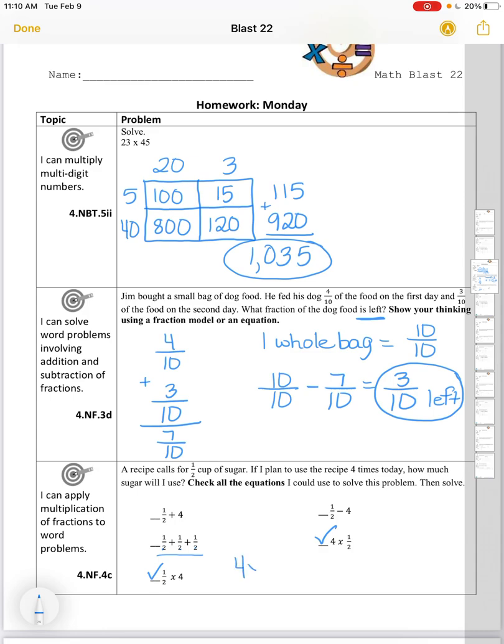If I have 4 groups of 1/2, that's the same thing as 1/2 plus 1/2 plus 1/2 plus 1/2. And we know that 1/2 and 1/2 is 1, and 1/2 and 1/2 again is 1, and we add those together, we get 2 whole.